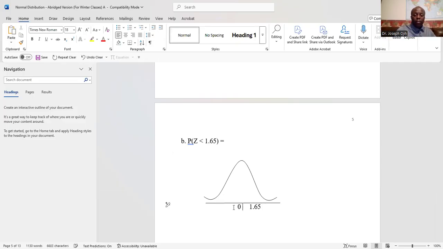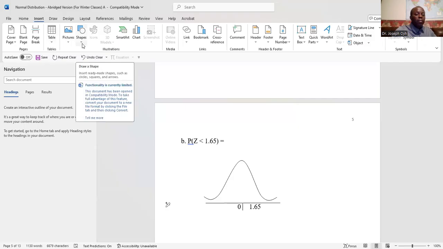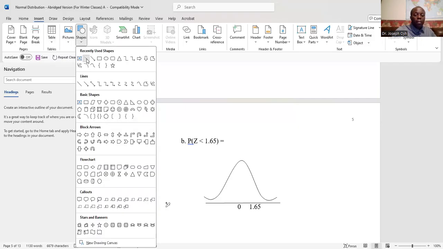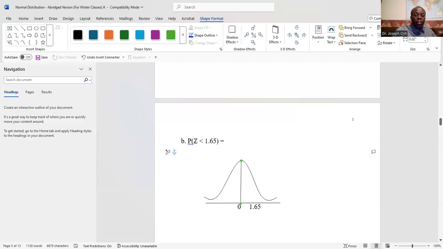Then put the center line. Right, my center line is right here. So it's less than 1.65. This is 1.65 right here. Everything to the left is like that. So we're looking for this area.